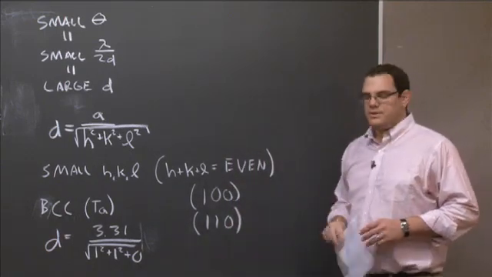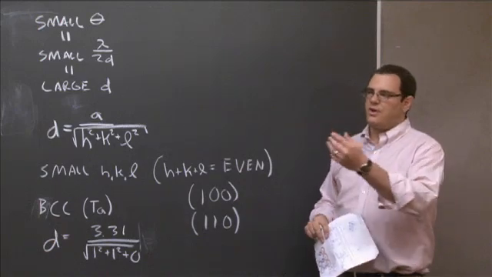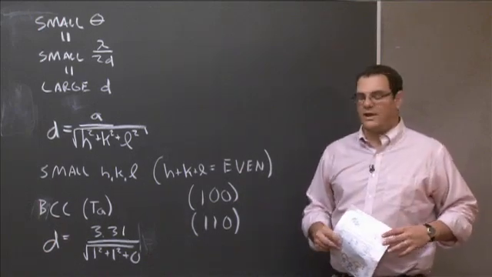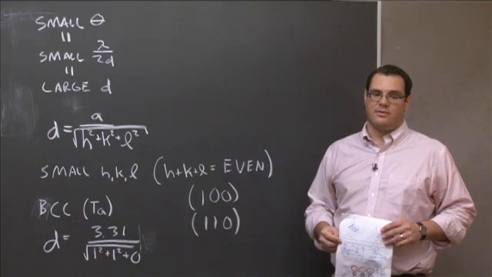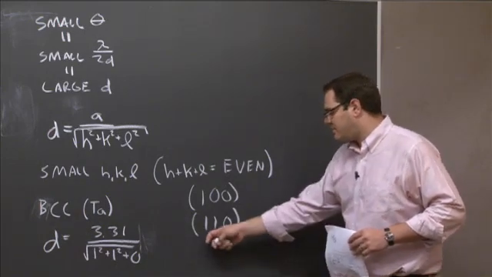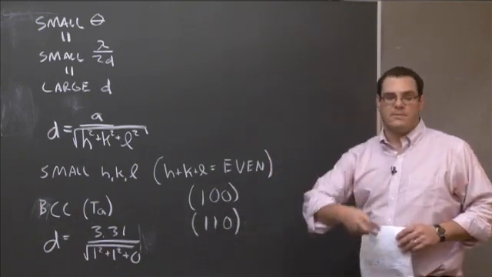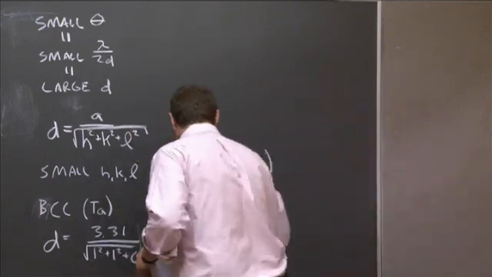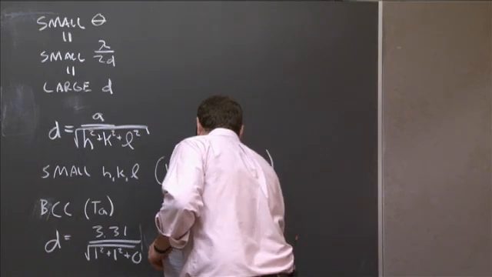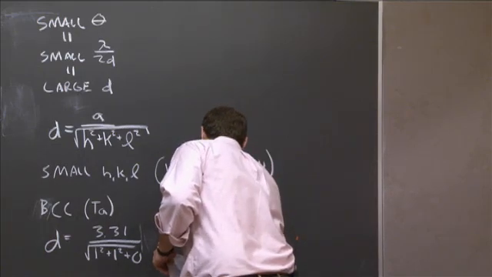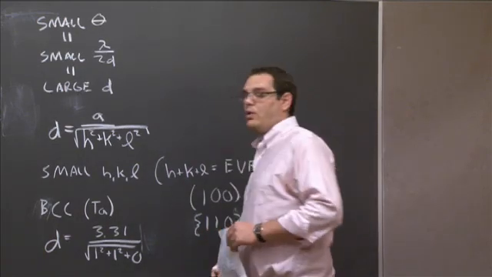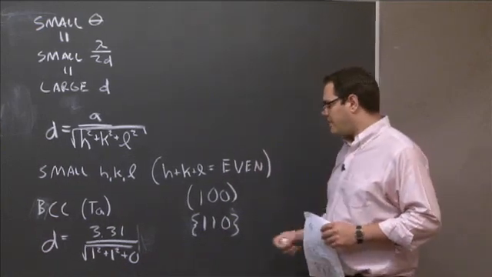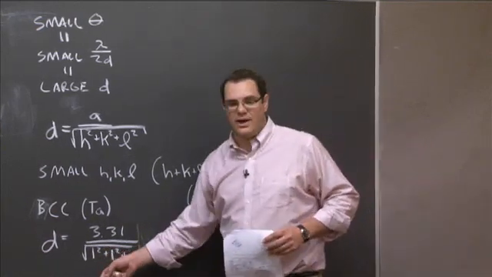Those are the smallest coefficients we can have for a plane where h plus k plus l must be even. So this could be 1, 1, 0, 1, 0, 1, or 0, 1, 1. What we're basically talking about, if you remember from the first problem, is the family of 1, 1, 0 planes.